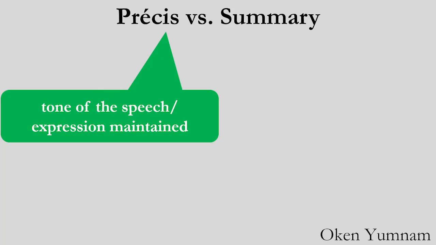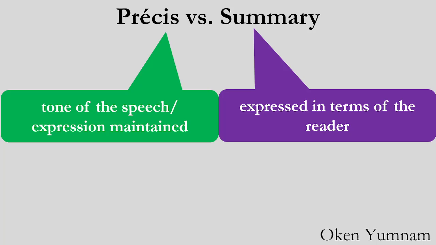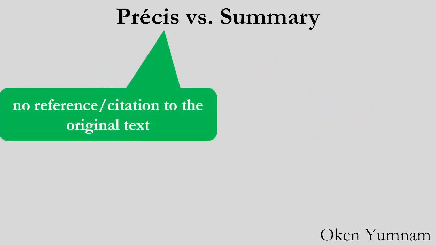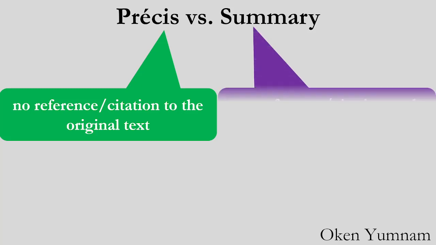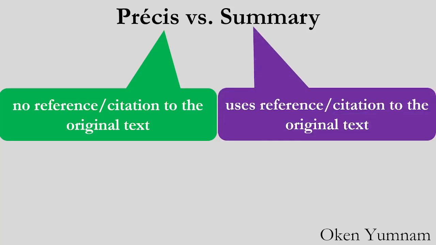The tone expressed in the original text is maintained in Précis writing, but in summary writing, the expression is as per the reader. The tone is the reader's tone. In Précis writing, we make no reference or citation to the original text, but in summary writing, we do make references and citations to the original text.